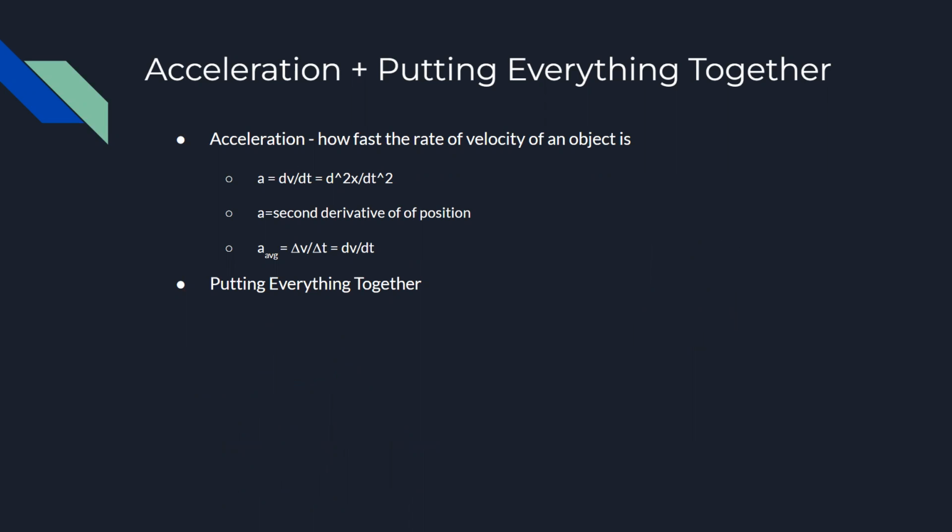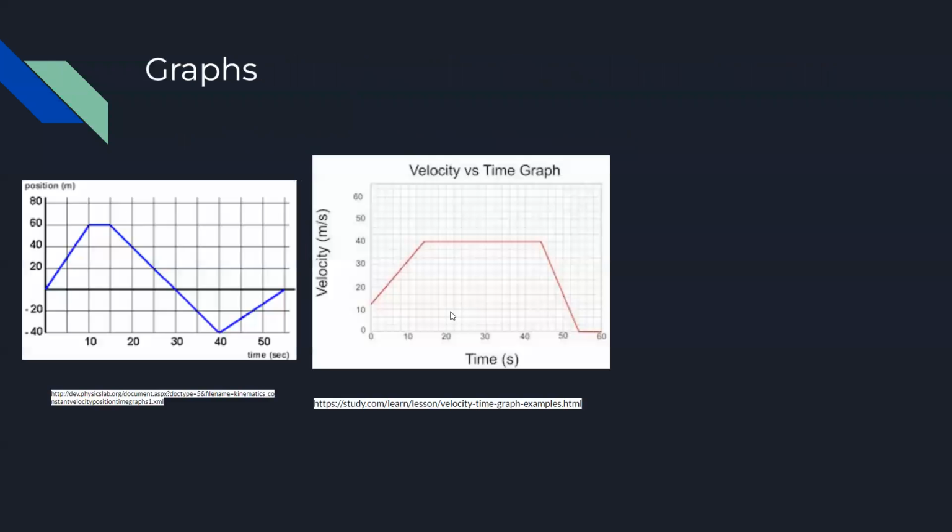So now I guess we put everything together, and now let's move on to graphs. So graphs are basically like this. With graphs, if you want to find the derivative of a position graph, which would be velocity, you have to find the slope at this point to find the derivative.